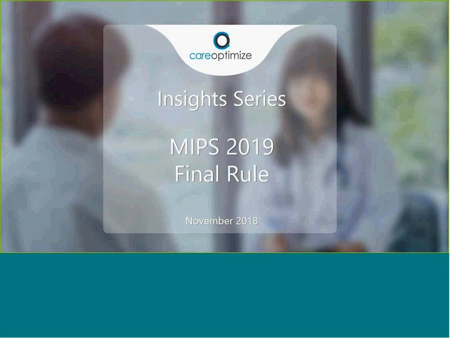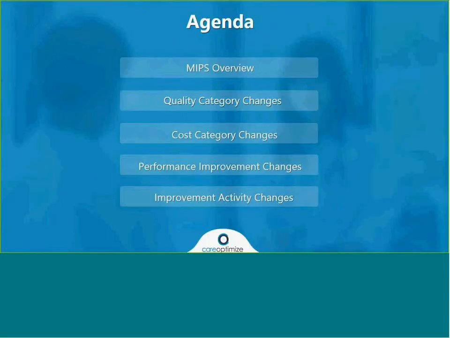So I'll jump right in. Today we're going to discuss the final rule, no longer the proposed rule, for MIPS 2019. We're going to do an overview of what some of the main changes are, as well as some of the carryovers from 2018 that will also be relevant in 2019 that haven't changed.